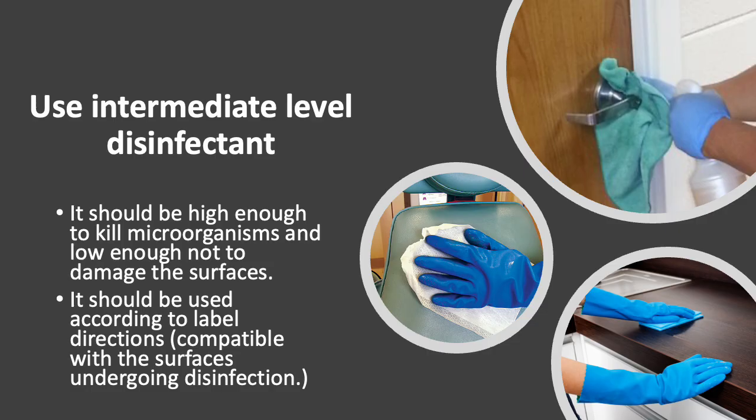Well, we should use an EPA-registered intermediate level surface disinfectant. It must be compatible with the surfaces undergoing the disinfection. This disinfectant must be strong enough to kill microorganisms and mild enough not to damage the surfaces.